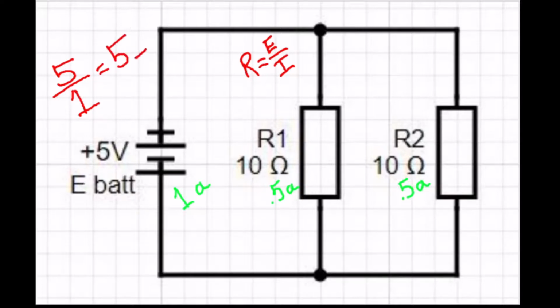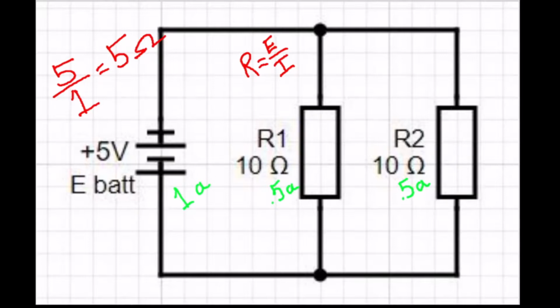And we're going to come up with a rather unusual number. We're going to come up with 5 ohms as being the total resistance. And here's where we run into a problem with the word total. It's really not the total resistance. The total resistance is obviously 20 ohms, but it's the equivalent resistance.